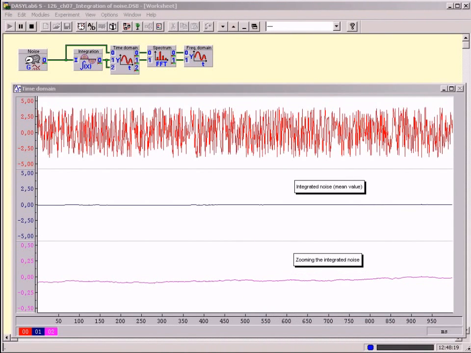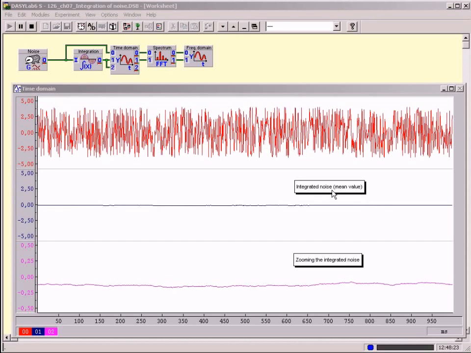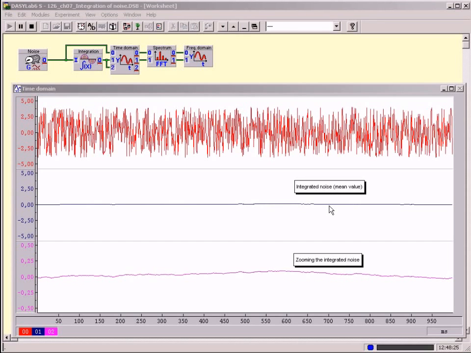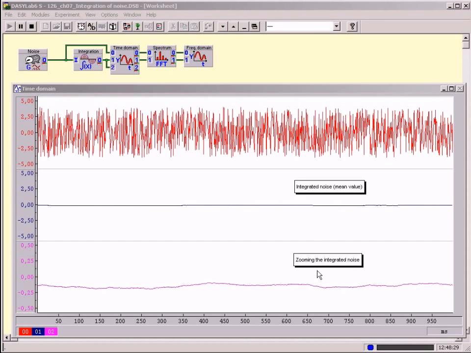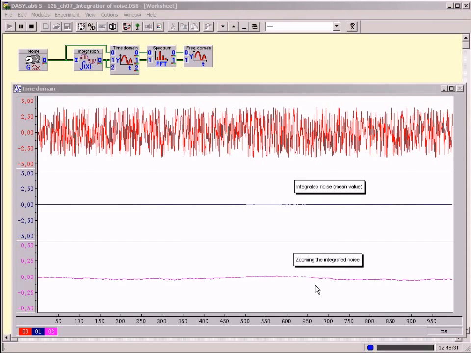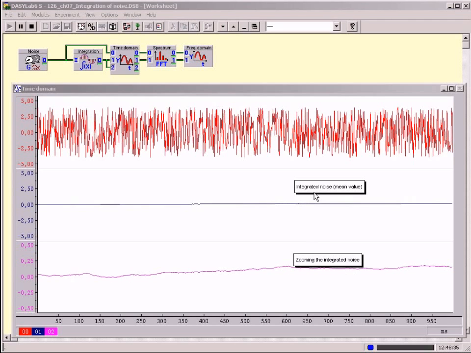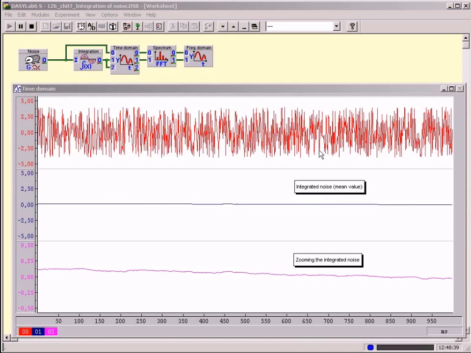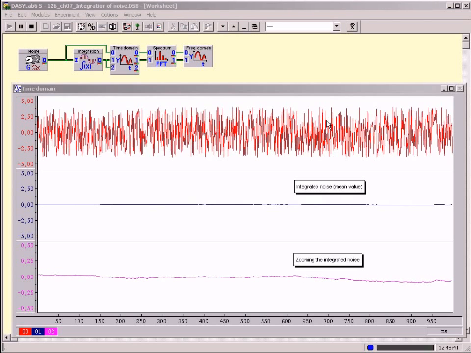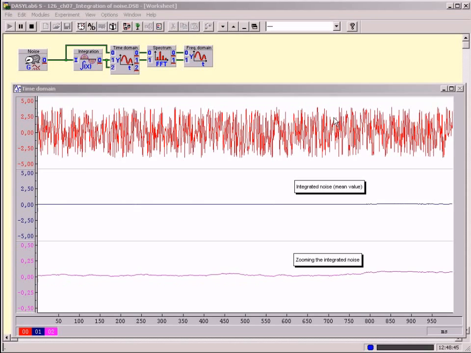In this case, a noise signal is integrated. The result is practically 0 with small fluctuations. At the bottom, we have a higher resolution. The process of integration adds up the positive and negative areas. Because everything is random in the case of a noise signal, there must be an equal distribution of positive and negative areas.